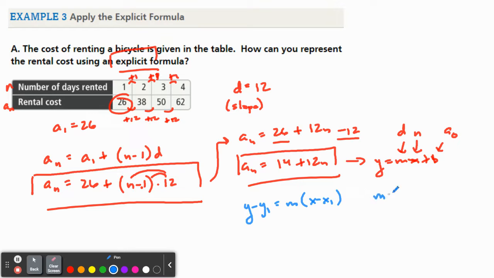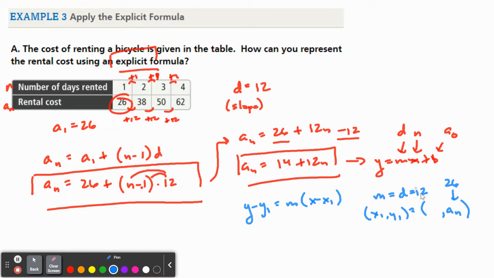So our m value, which is the common difference, will be 12. And your x1, y1 is going to be one of the ordered pairs in your table. Let's just use the first term, so n value of 1 and our a sub n value, which is going to be 26. One sec.